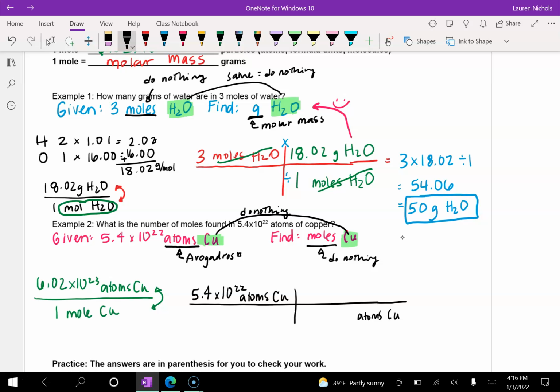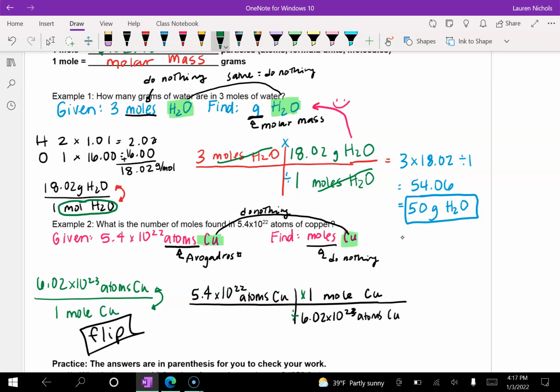So in order to do that, we need to flip this conversion factor, that way 6.02 times 10 to the 23 atoms are at the bottom, and our 1 mole of copper is at the top.